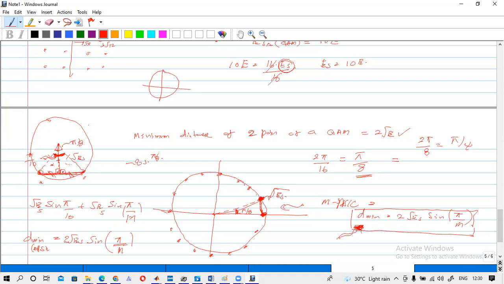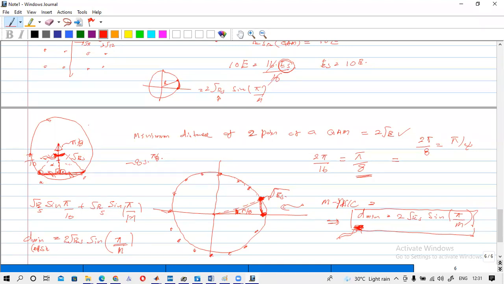The distance between two adjacent points will be 2 root Es, where Es means symbol energy, or the radius. The root symbol energy means the radius, times sine π by M. So this is a general expression that is valid for any PSK modulation scheme.